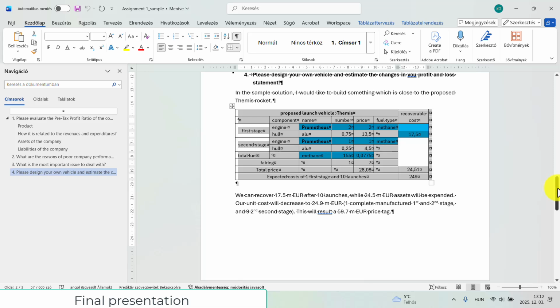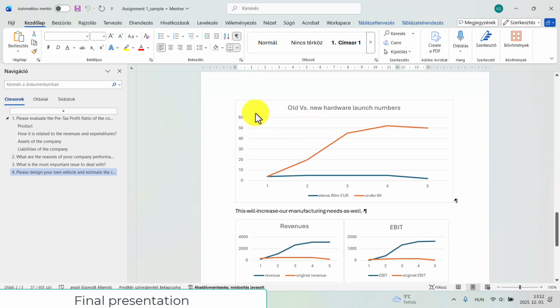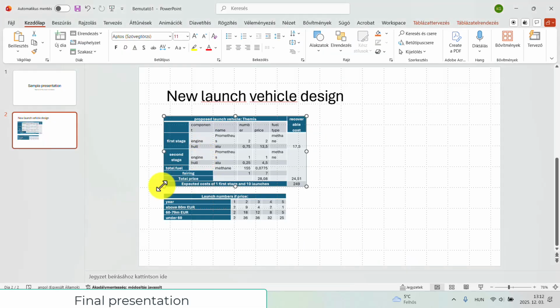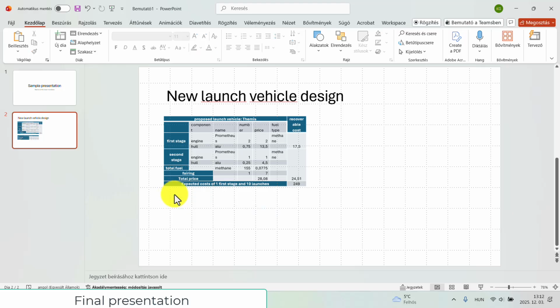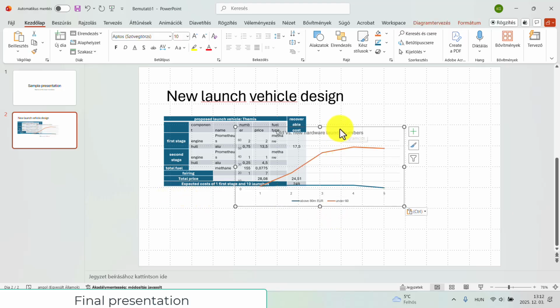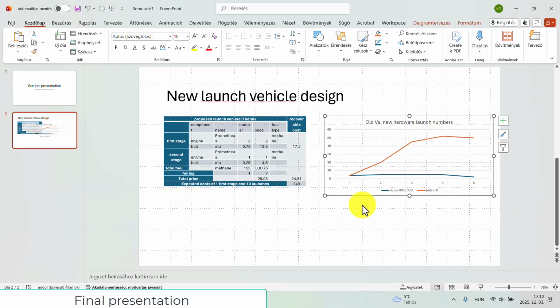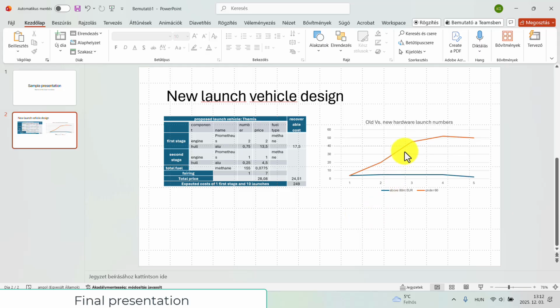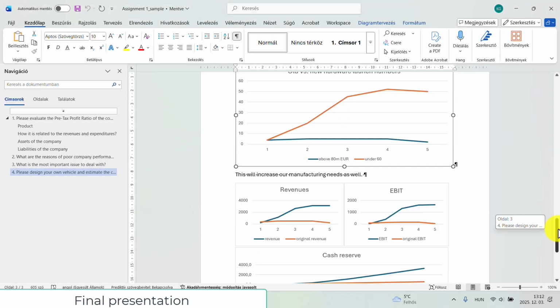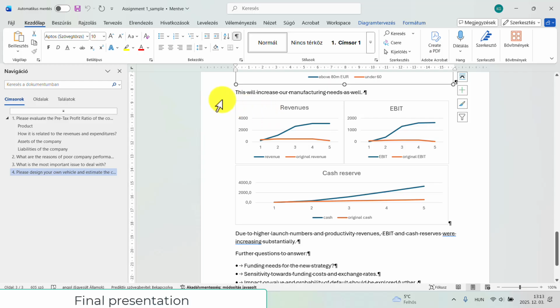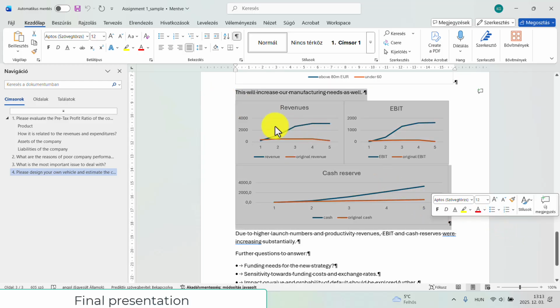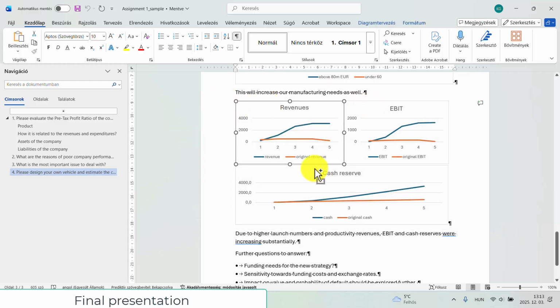Asset. Yes, and we already have beautiful figures for that one. So we can see that by achieving this, our launch numbers will increase, which is cool. And of course, we can add the financial consequences to this as well.